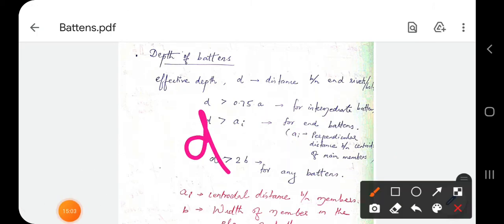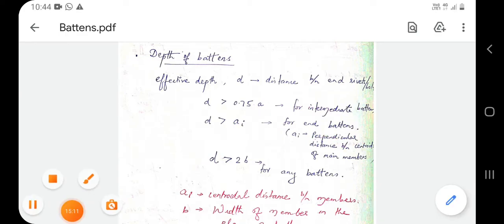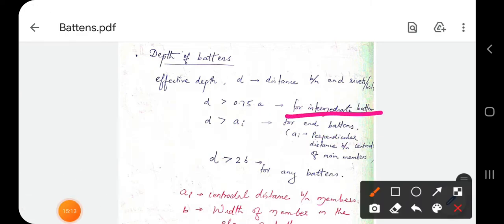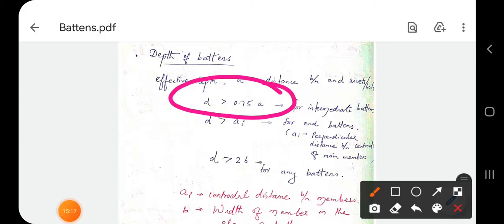So D should be greater than the distance between the centroid of main members, that is AI. And for intermediate battens, D should be greater than 0.75 times the distance between the centroid of main members.